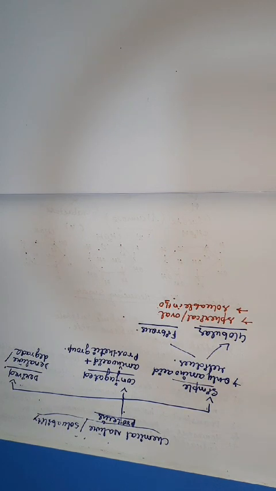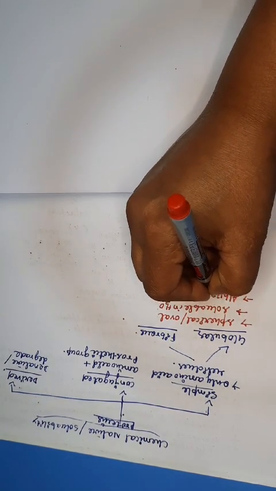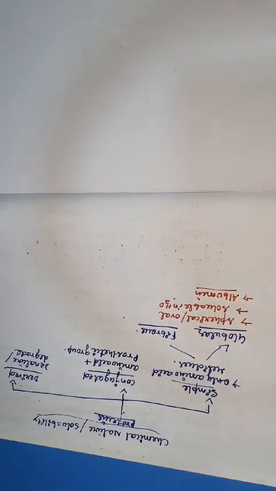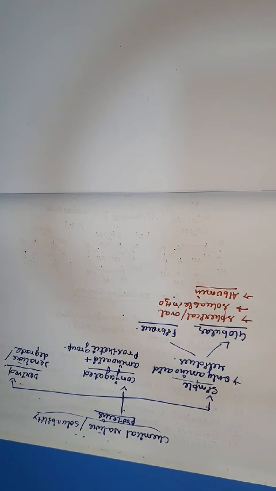The different categories under this, the first category, will be albumin. Already I have told you that it is a serum protein. Albumin is quite soluble in water and dilute salt solutions, but it is coagulated by heat. Serum albumin, ova albumin, and lactalbumin present in milk are all categories under this.